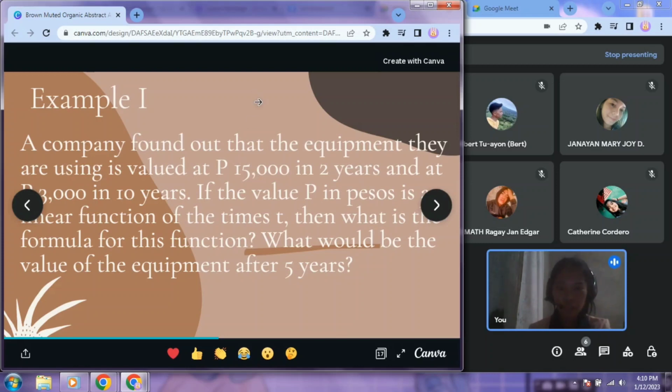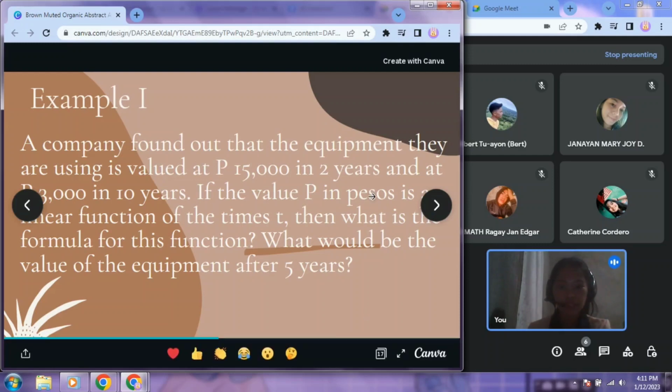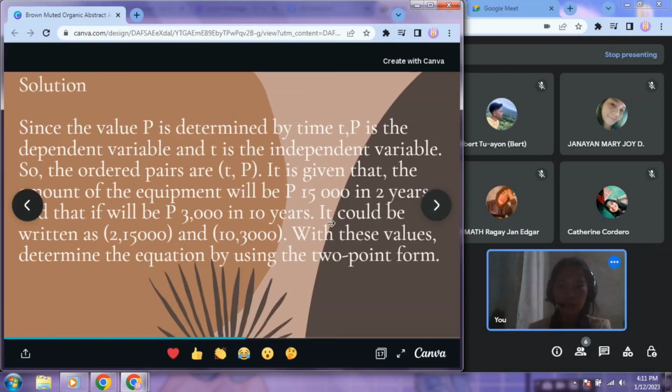If the value P in pesos is a linear function of the time T, then what is the formula for this function? And what would be the value of the equipment after 5 years? Here is the solution. Since the value P is determined by time T, P is the dependent variable and T is the independent variable. So the ordered pairs are (T, P).